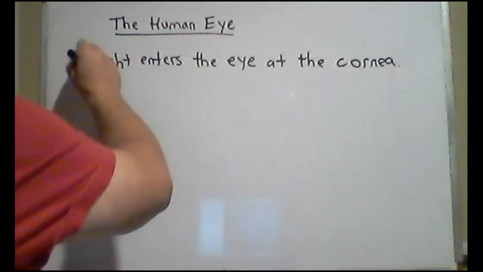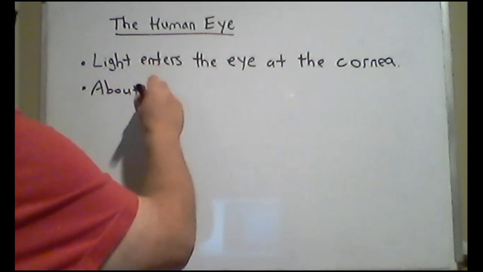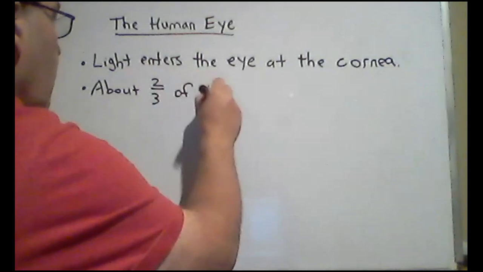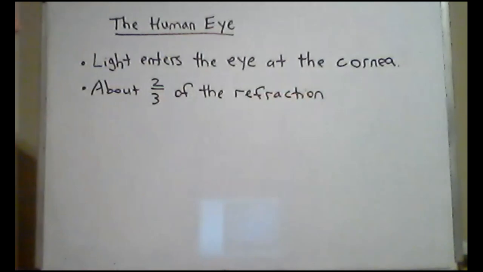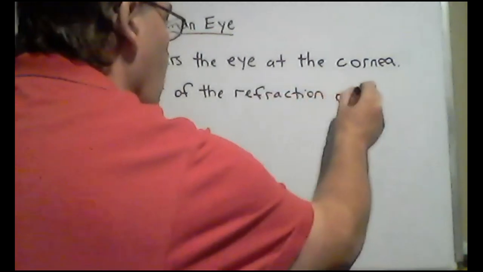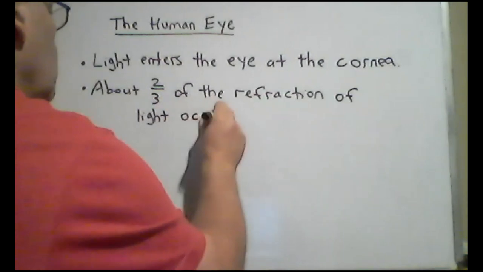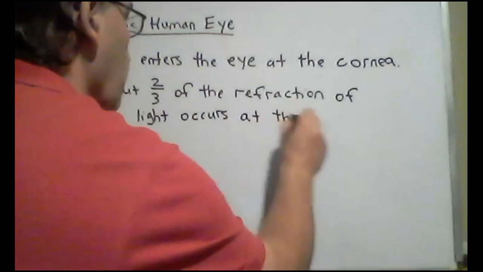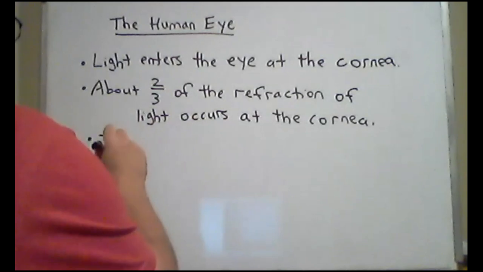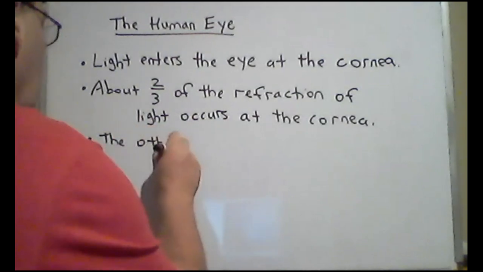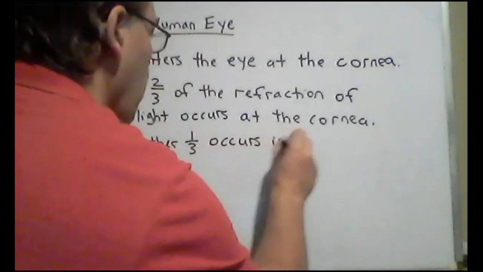Okay. Now, about 2/3 of the refraction of light occurs at the cornea. And the other 1/3 occurs in the lens.